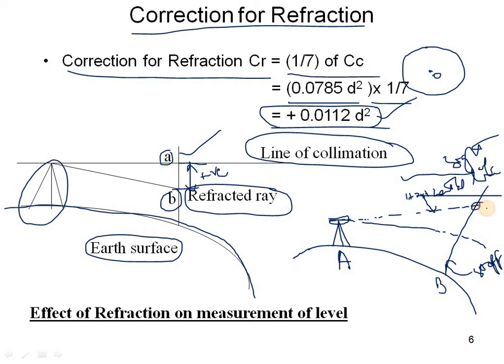So the object appearing in this position, we will call CC, the curvature correction, and this is our level line, we will determine as LL. Okay, in this way it will be there. These are the principles of curvature and refraction.